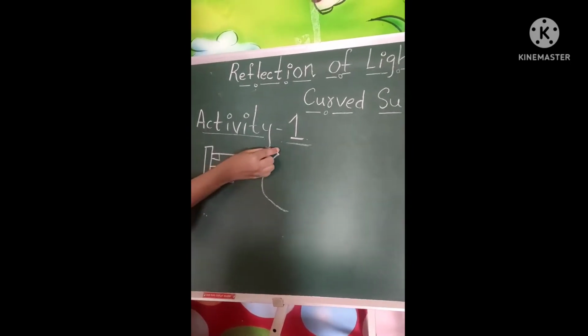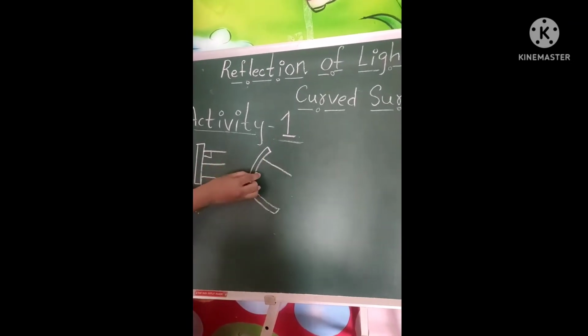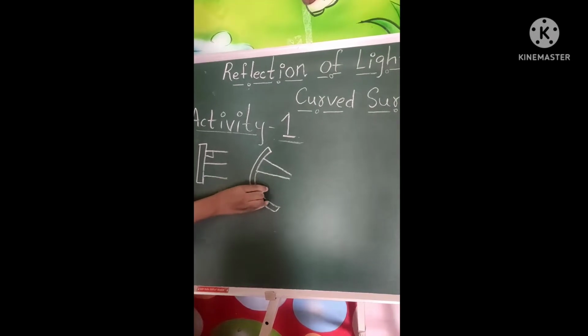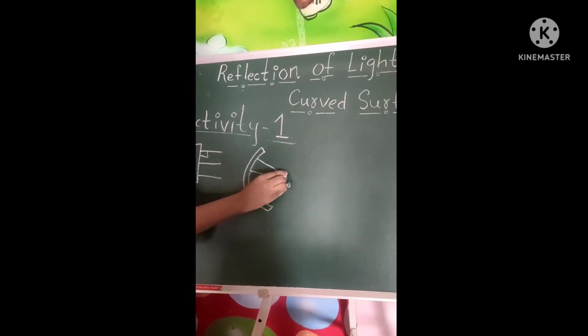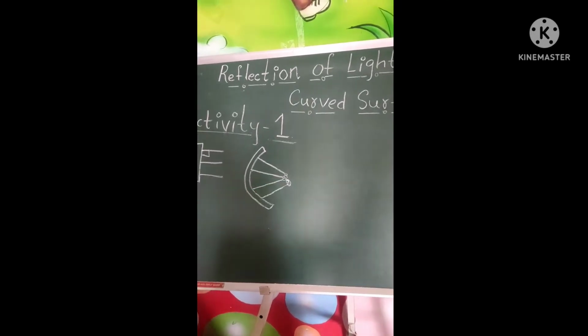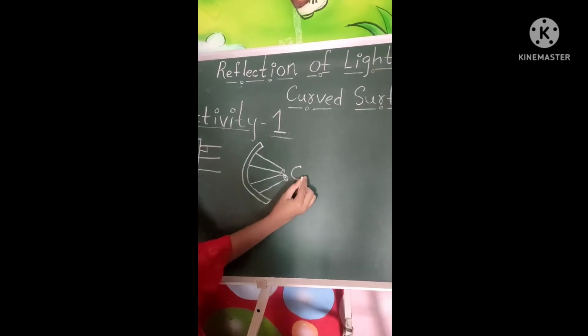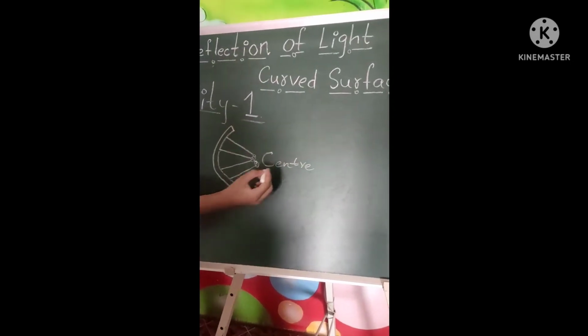So we tilt it, and the diagrammatic representation is like this. What happens here? All the pins come to a point and meet. So now let's know what this point is called. This point is called the center of curvature.